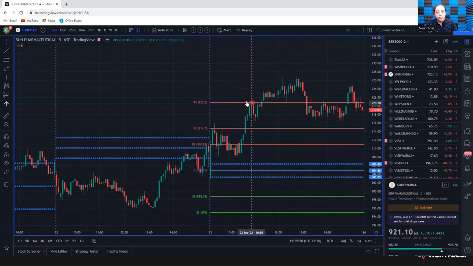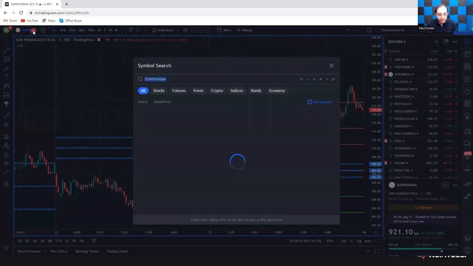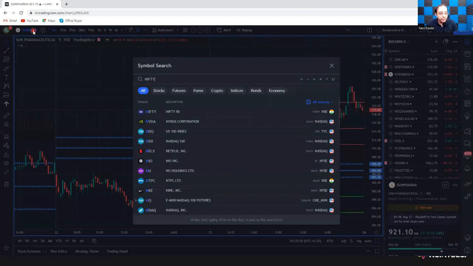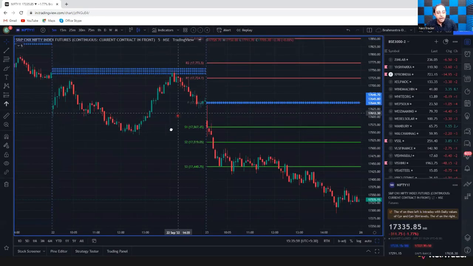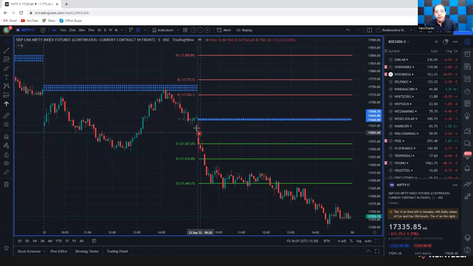You can see here there will always be a halt at R3. Now, in the same way, if you want to take a look at the way down, let me show you another example. The prices are opening below the CPR, then they travel below S1, and they move below the previous day's low, and then the fall accelerates.